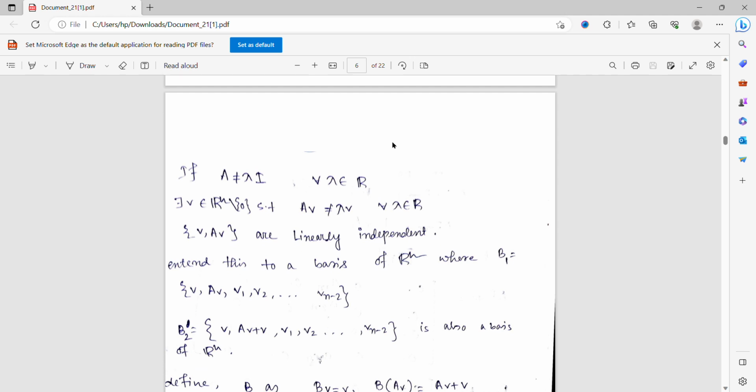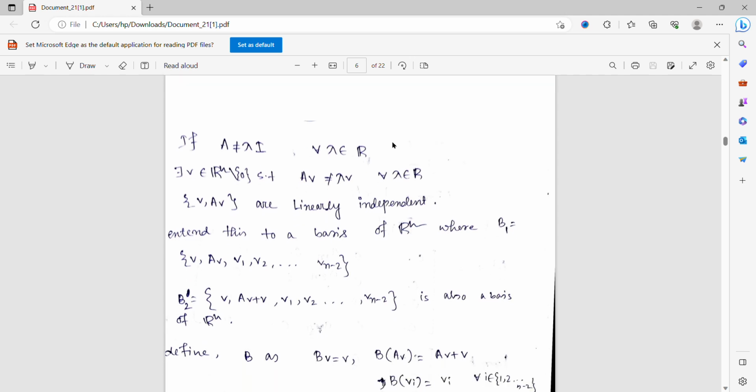Now observe that if B1 forms a basis, then B2 also forms a basis, because AV plus V is also linearly independent with V, and since all the vectors V1 to V(n-2) are also linearly independent with V and AV, we also get that this set AV plus V, V1, V2 to V(n-2) is also a basis of Rn.